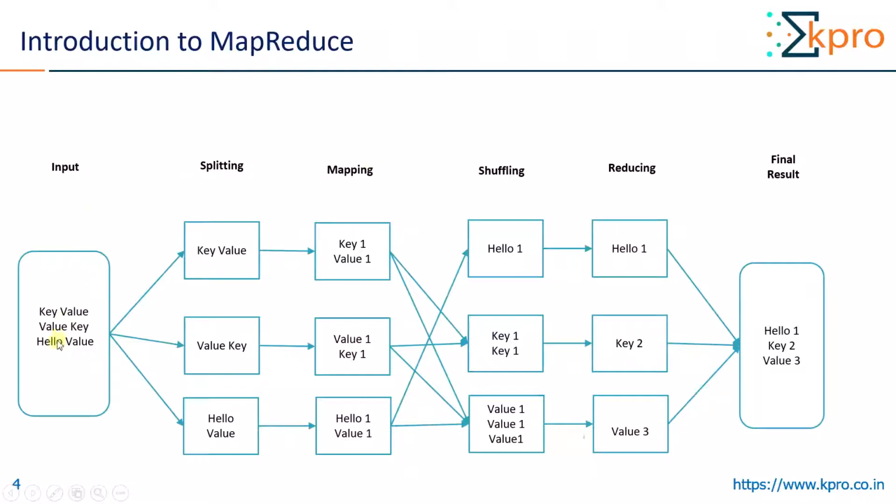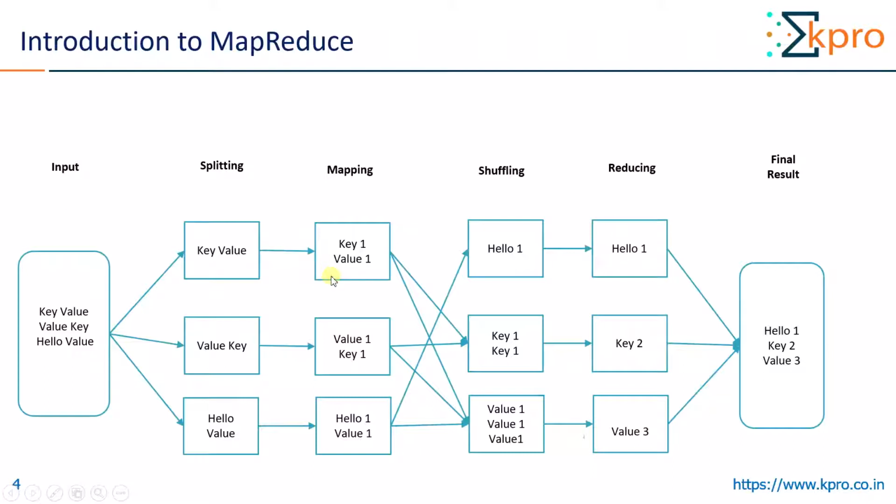This is an example wherein we are giving an input to the word count program. When the input is provided to the program, it is split into multiple blocks and map task will be executed on that. Map will count each word.